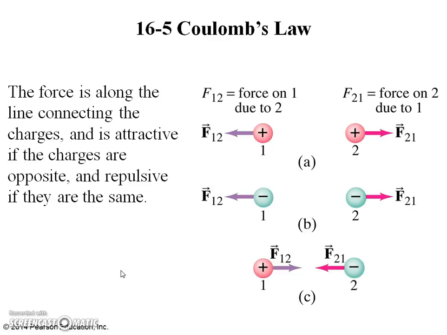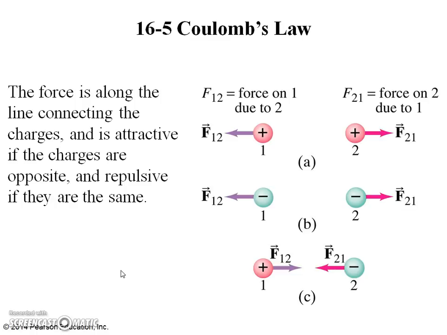As we saw from Coulomb's law, this gives us the magnitude of the electric force that either charge exerts on the other. The direction of the electric force is always along the line joining the two charges. If the two charges have the same sign, the force on either charge is directed away from the other.